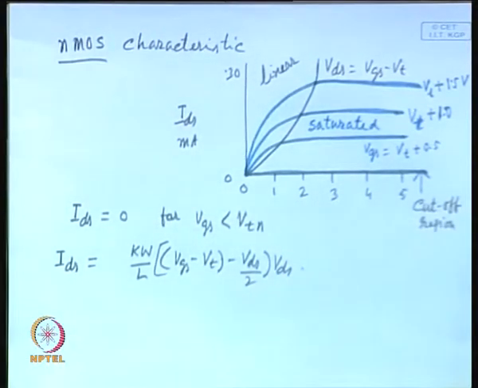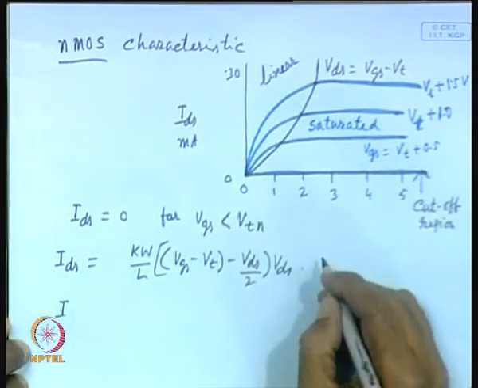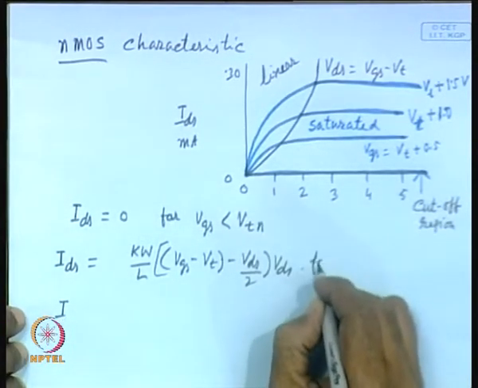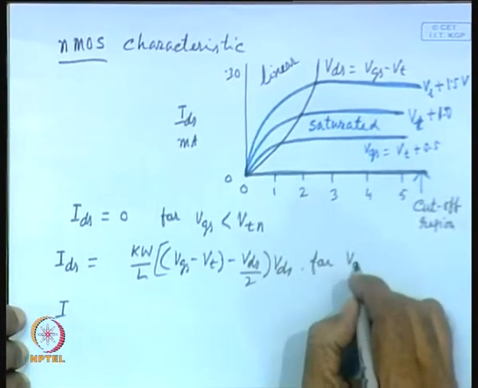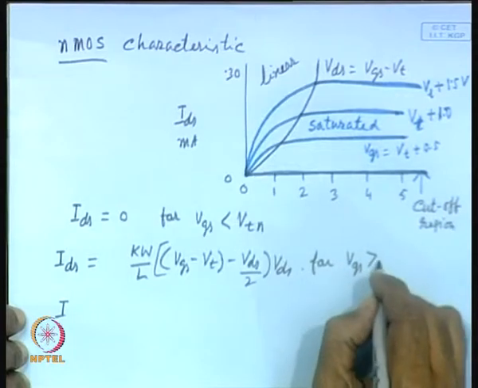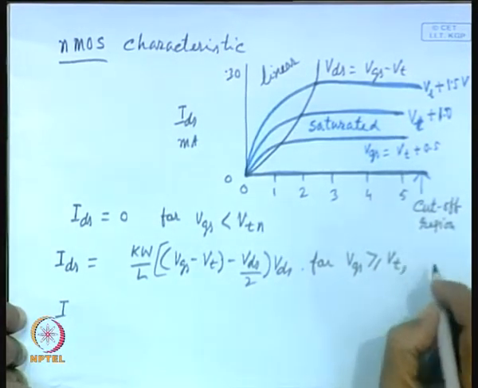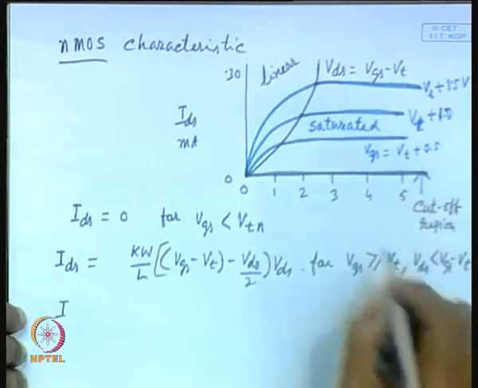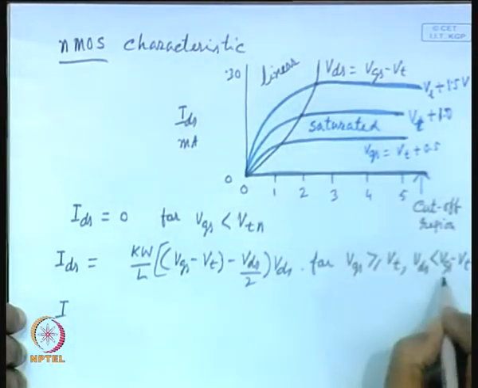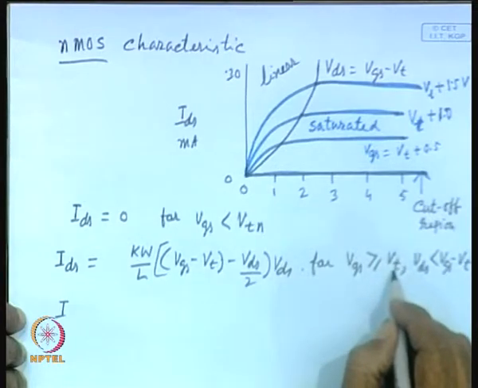And in the saturated region, the current expression is given by, and okay, this non-saturated region is for VGS greater than or equal to VT and VDS less than VGS minus VT. That means, VDS has to be less than VGS minus VT in this region and VGS has to be greater than VT.